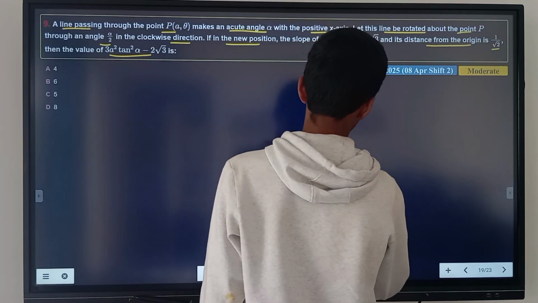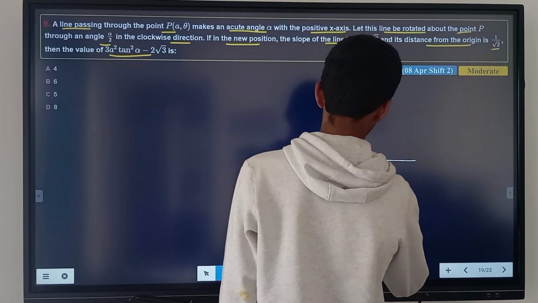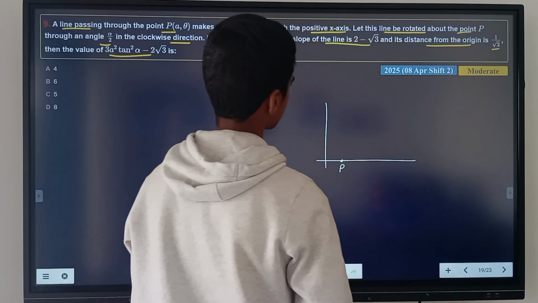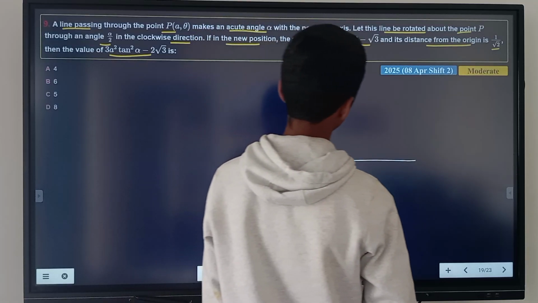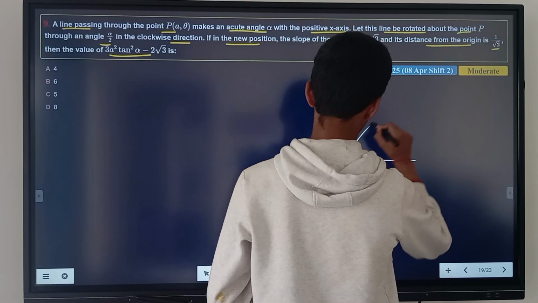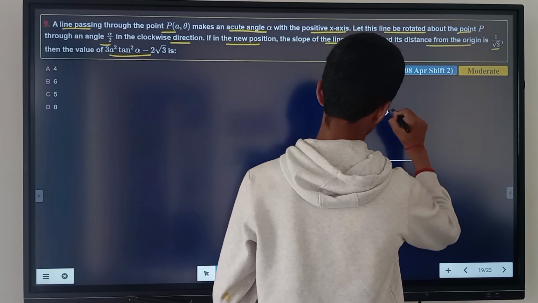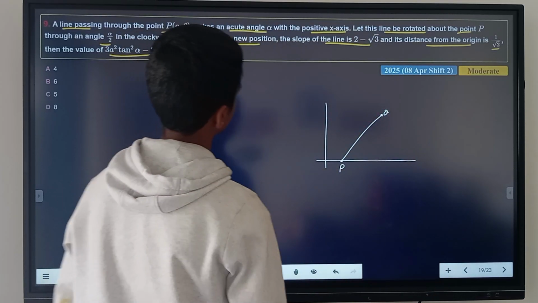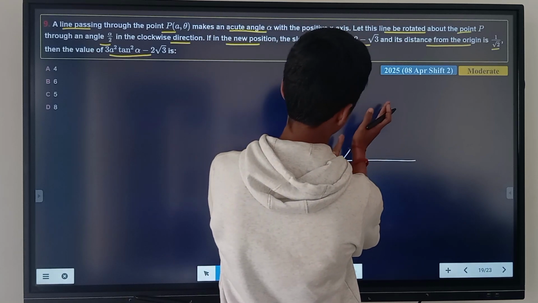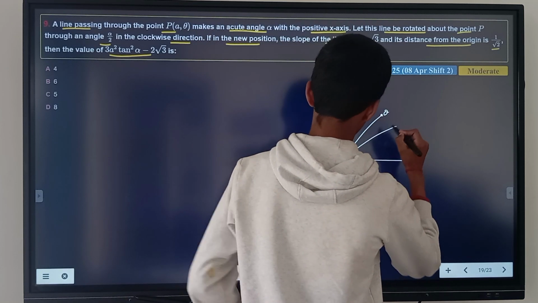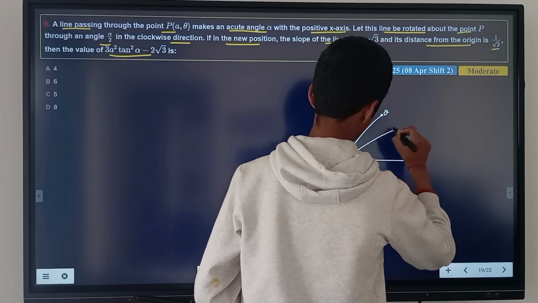So first, let's draw a graph. Let's say this is point P and this will be at point Q. Now this makes an angle alpha. Now this line is rotated clockwise with an angle of alpha upon 2.